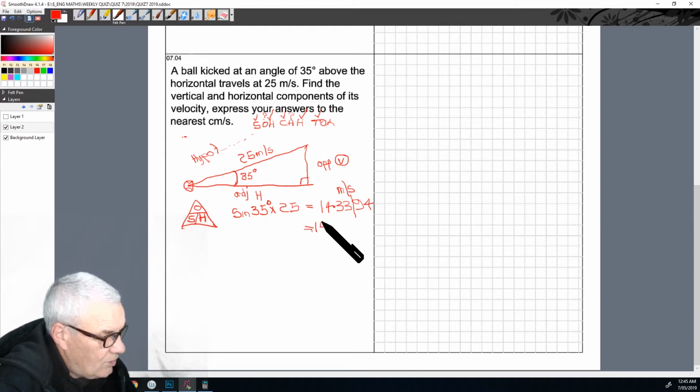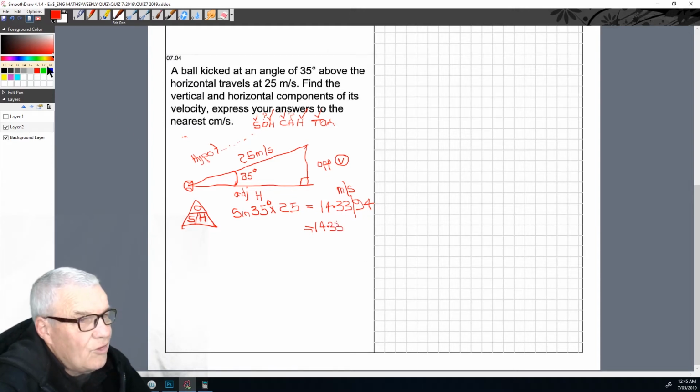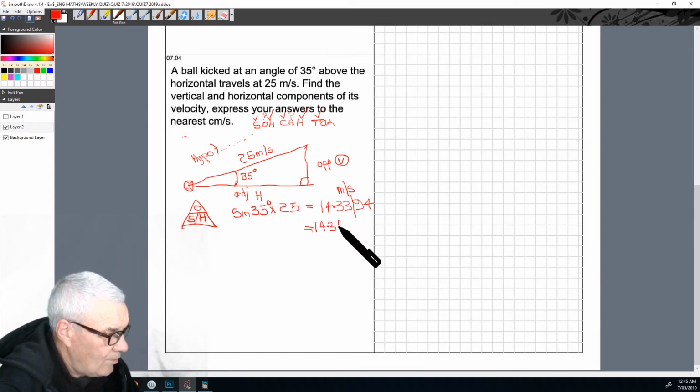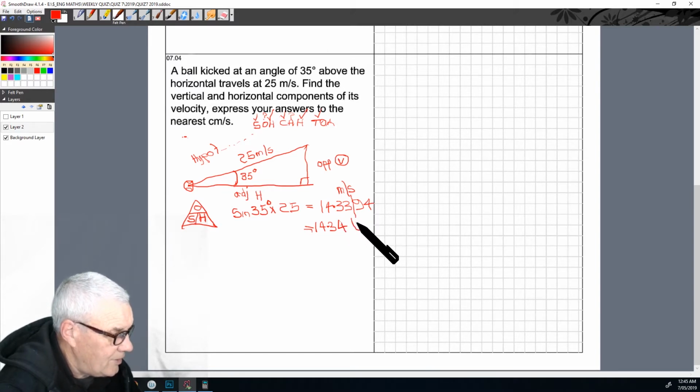Well, you could do it like this, 14.334, and that's 2 dp.